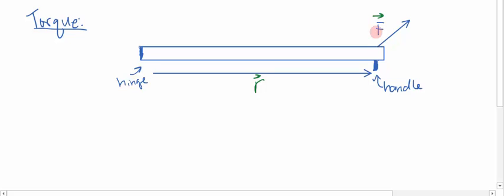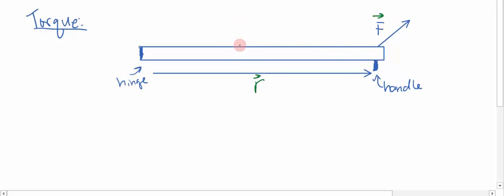Usually we would be applying this force straight perpendicular to the door. In this case, just to show you some examples, we're going to apply it at an angle, which isn't ideal. And the idea is that in doing this, we're going to change the rotational motion of the door.